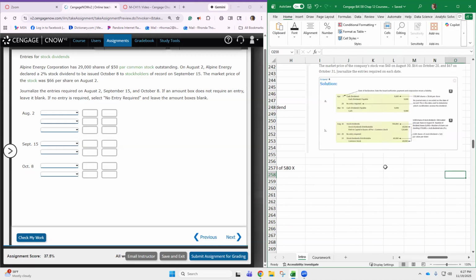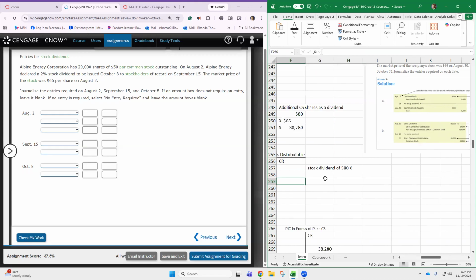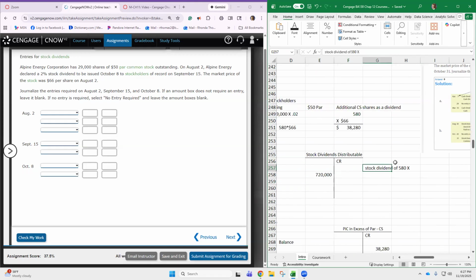I knew I put this picture on here for some reason. So the stock dividends is the total amount going out, right? Yes. All right. So what's going to happen is the par of the stock that we're sending out is $50. Okay, so I think I remember how this goes now.